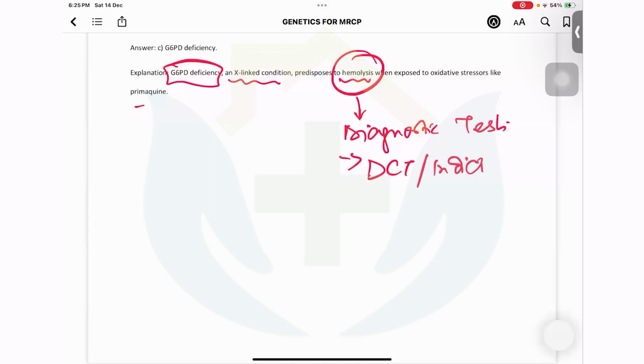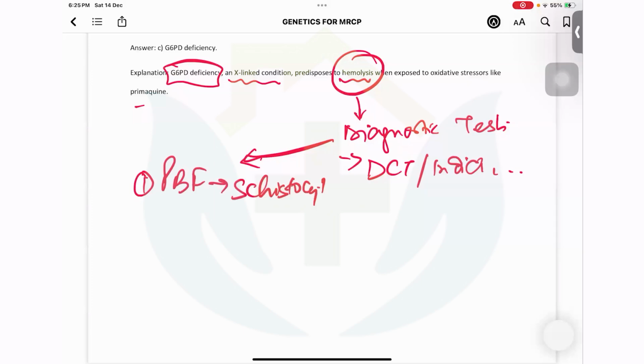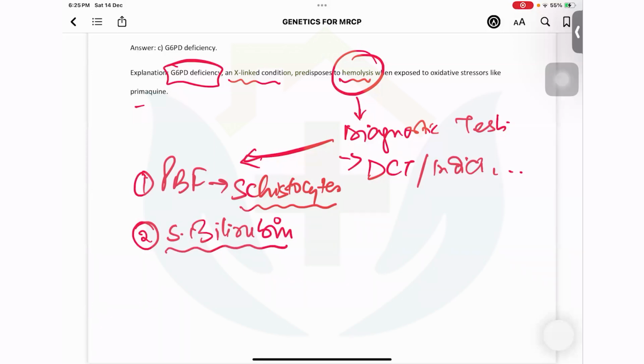Okay, direct Coombs test. But before that, will you have LDH level? Even before that, you get a peripheral blood smear to look for hemolysis, schistocytes. Number two, if hemolysis is happening, what will be produced? Serum bilirubin. Which fraction will be increased?